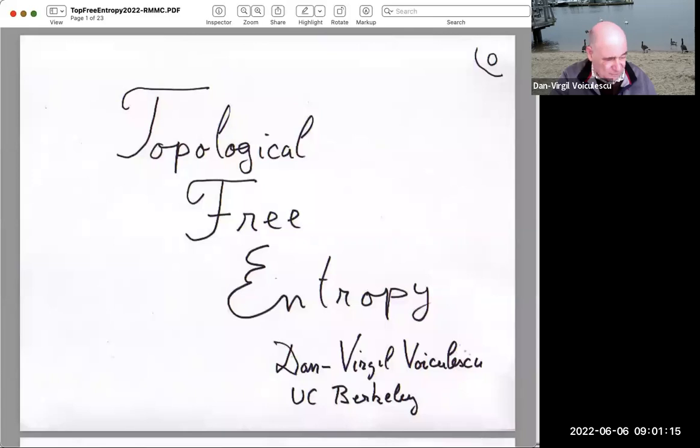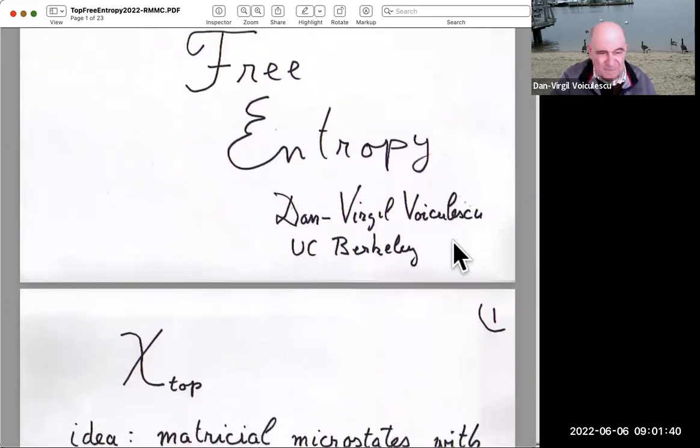This work has not been getting perhaps so much attention as the one with von Neumann algebras. And this is what I'd like to talk about, the connection with C-star algebras, free entropy that goes with C-star algebras. That's the topological free entropy.